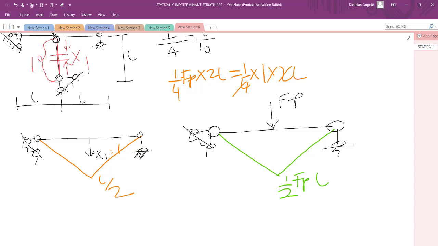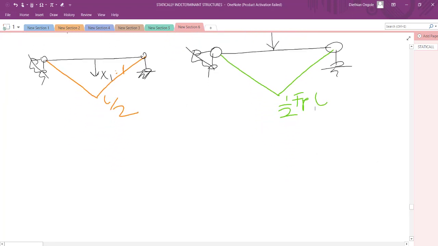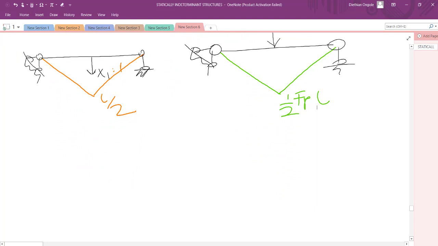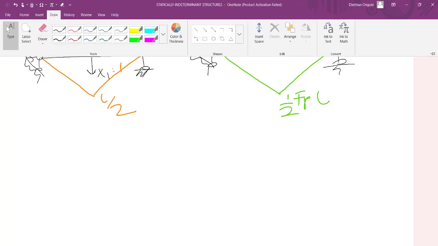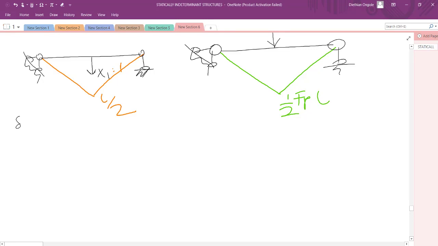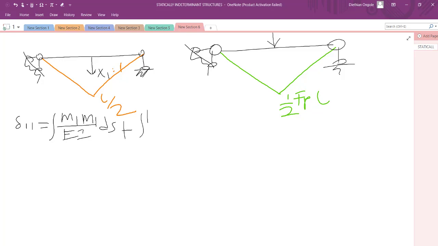But to solve for x1, we need to first calculate delta 11 and delta 1p. Our delta 11 would be given by the integral of m1 squared over EI ds, plus the integral of n1 squared over EA ds.